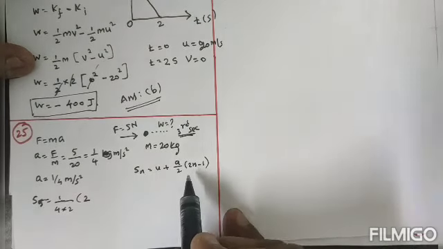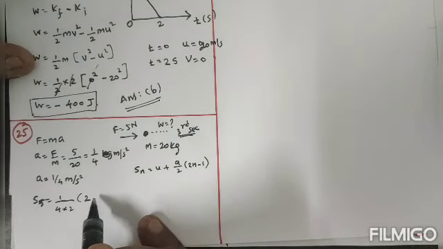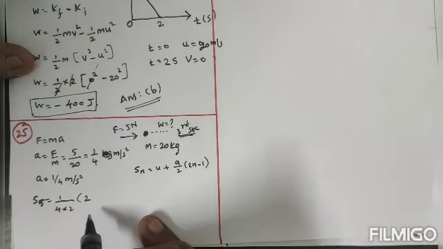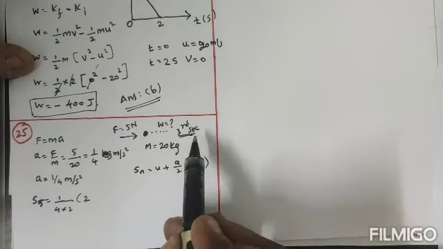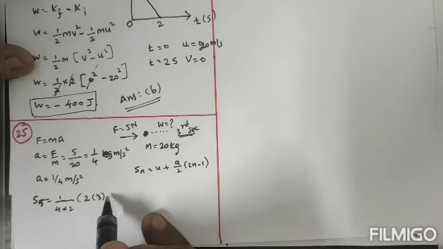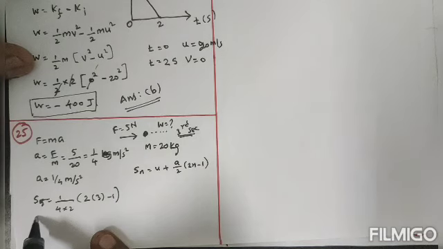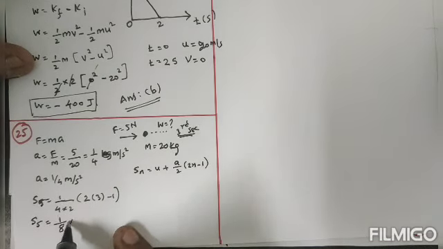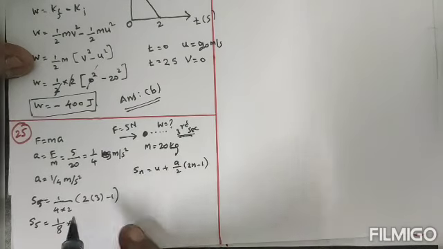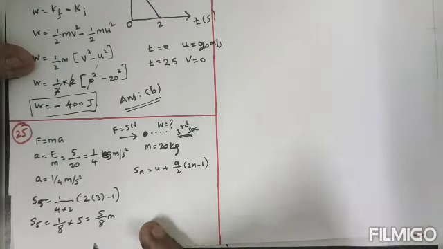Sorry, the question is the third second. So 2 into 3, then minus 1. So in the third second the displacement is 1 by 8 into (2 into 3 is 6, 6 minus 1 is 5). So 5 by 8 meter.